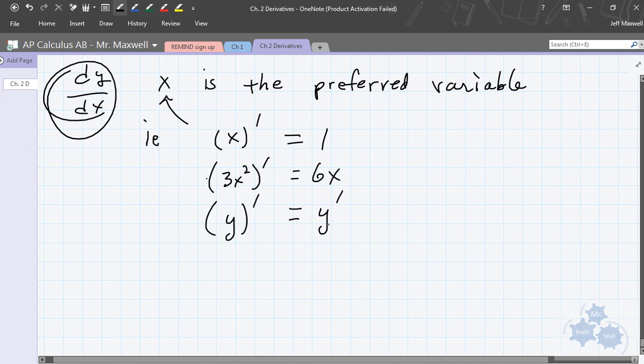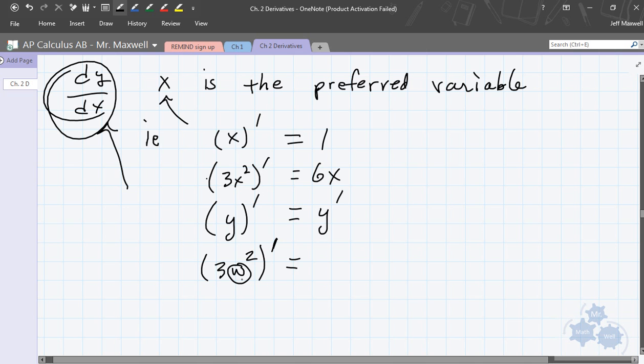You get that? What's the derivative of 3w squared? Okay, now, with respect to x, because w is not the preferred variable, this is like the chain rule. Now you may not be ready for this yet, but if I am differentiating this with respect to x, and the reason why Leibniz notation is kind of important, because if I just put this little prime there, you don't know what it's with respect to, right?